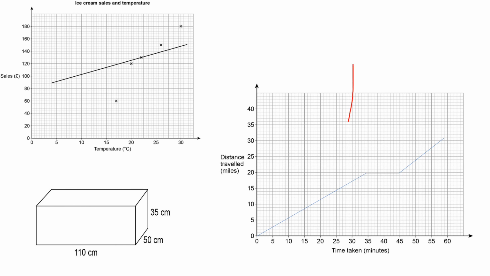This is the answer to the distance time question. So 0 to 35 in 20 minutes, stopped for 15 minutes, and then back up to 60. It should look something like this.